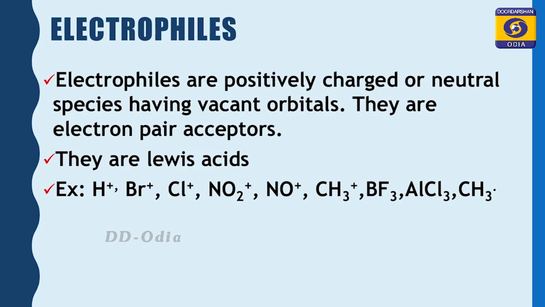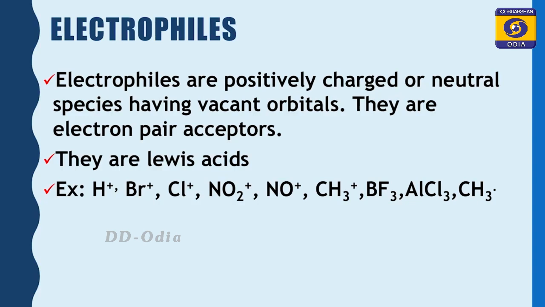There are many examples. The group 13 compounds like BF3 have 6 electrons around them. AlCl3 has 6 electrons around it. Similarly, the electron deficient, positively charged species given in the list, the Cl plus ion, the chloronium ion, the bromonium ion.